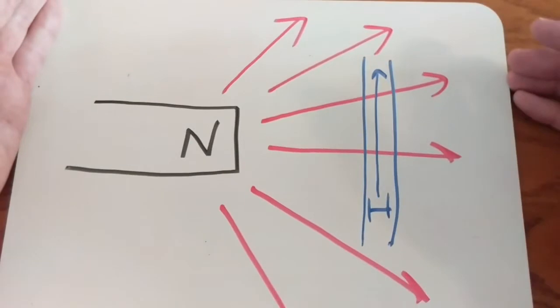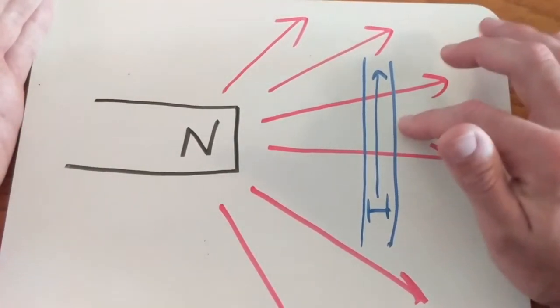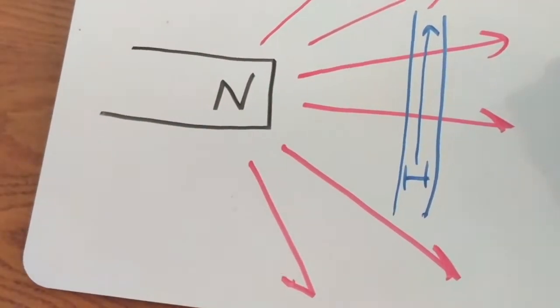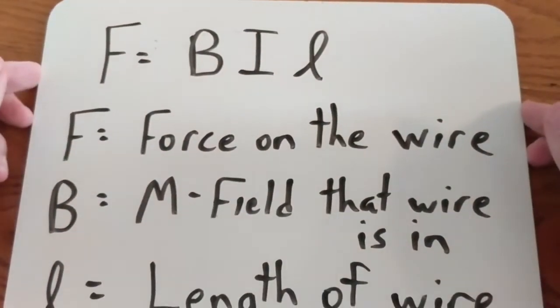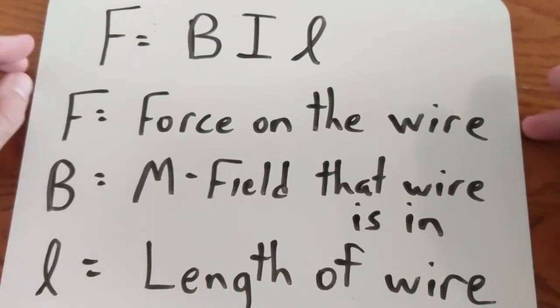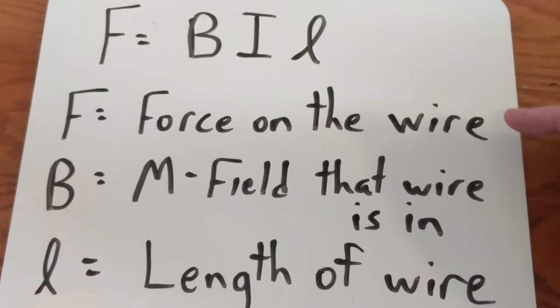So what equation models this? What we want to figure out is how much force this thing feels. Well, the equation's pretty simple. We've had this before. This is just F equals B I L. F is just force. That's the force that the wire will feel, which is what we were talking about there.